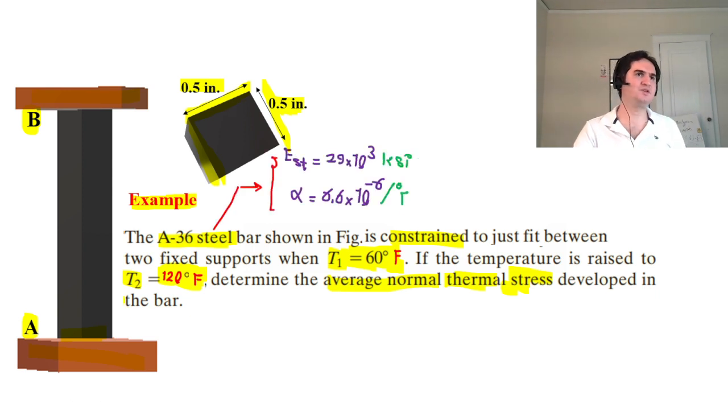As soon as we know the material, we can go to the table of material properties for the modulus of elasticity, which for A36 steel is 29 times 10 cubed KSI, and the thermal expansion coefficient alpha is 6.6 times 10 to the negative 6 per degree Fahrenheit.